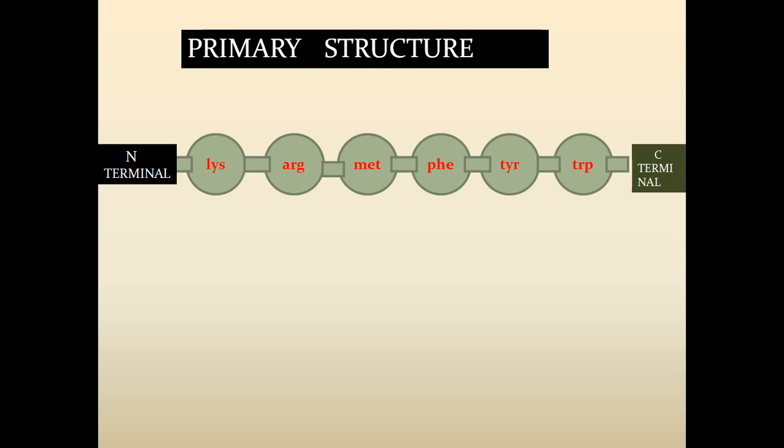So cyanogen bromide will cleave this side, which is the C side of Rn, not this side. C side means the right hand side bond. So when we apply cyanogen bromide, it will cleave this specific bond, which is on the C side of methionine.